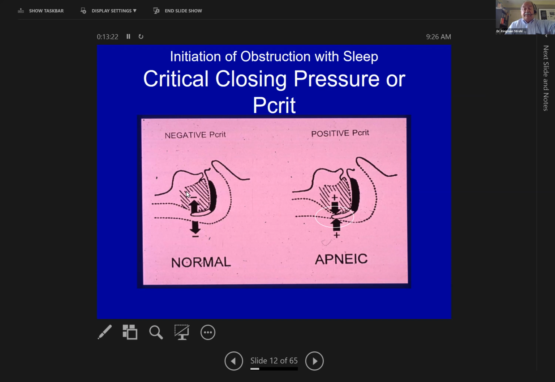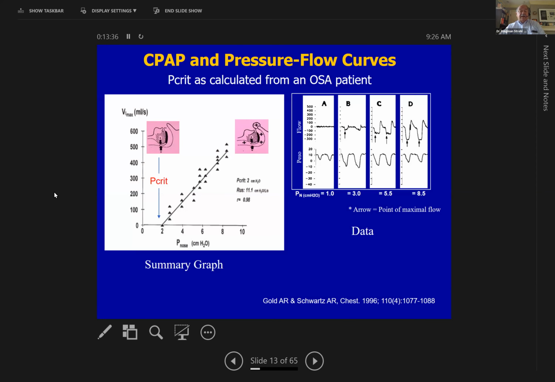So the mechanical properties of the upper airway, going from the posterior nasopharynx down to about the epiglottis, are the important feature. Now, how do you measure this? Well, if this is closed and this is open, you can pressurize this snout and you can pull down this pressure and the maximal flow will decrease.